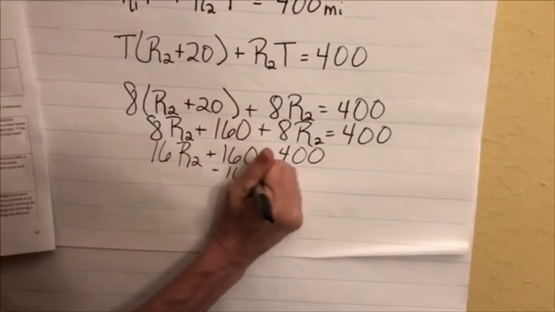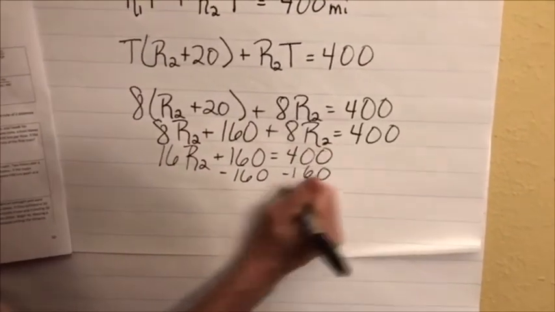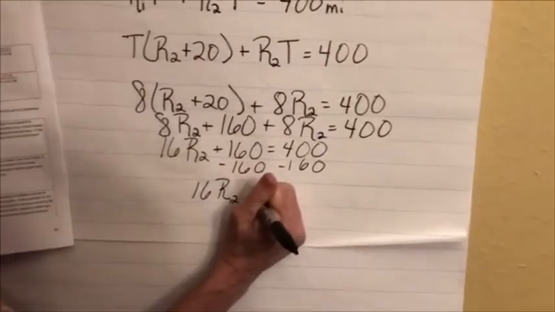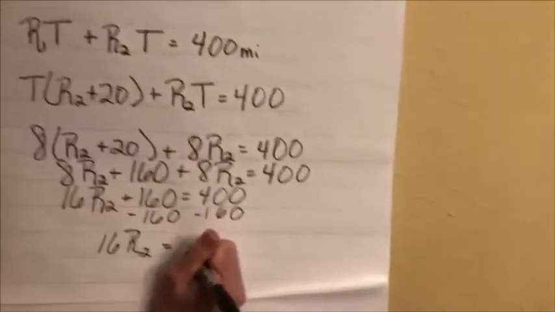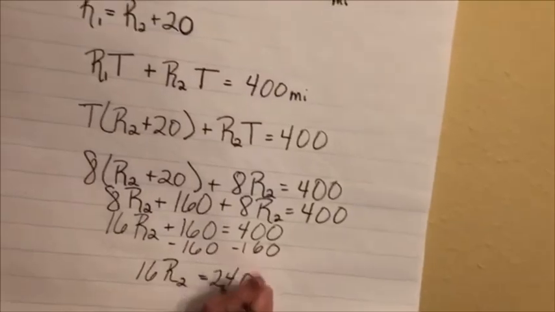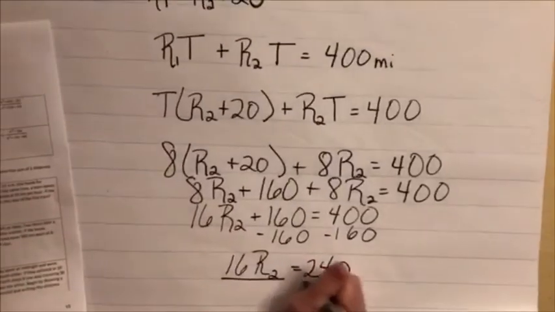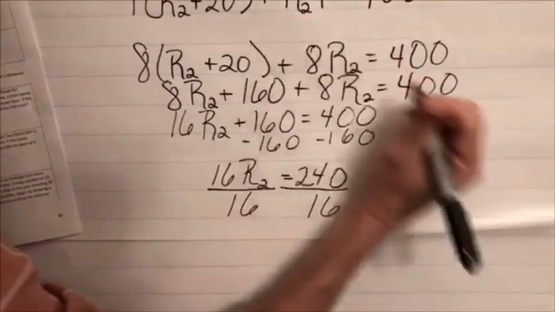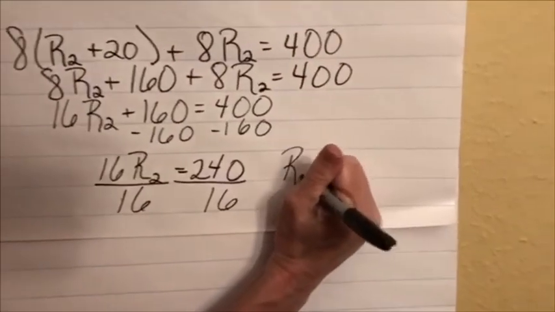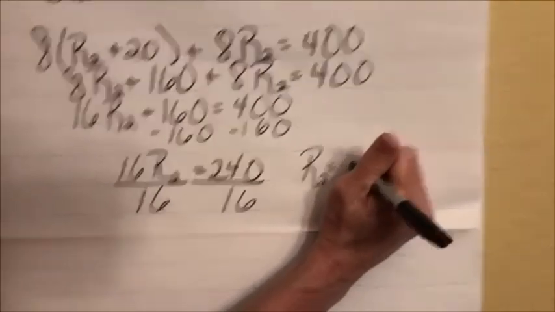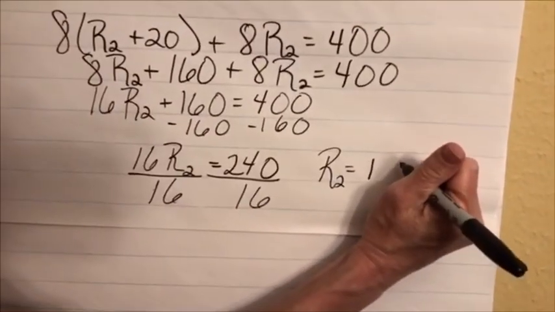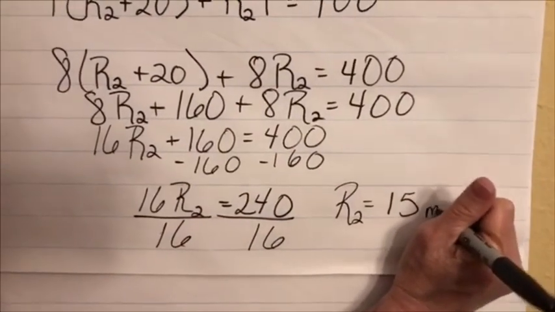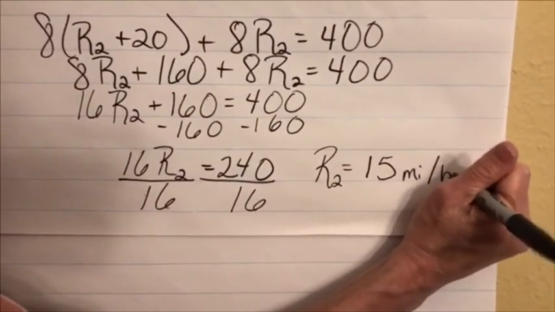Subtract 160 from both sides. 16 times the rate of the second ship equals 240. If we divide both sides by 16, we find that the rate of the second ship equals 15 miles per hour.